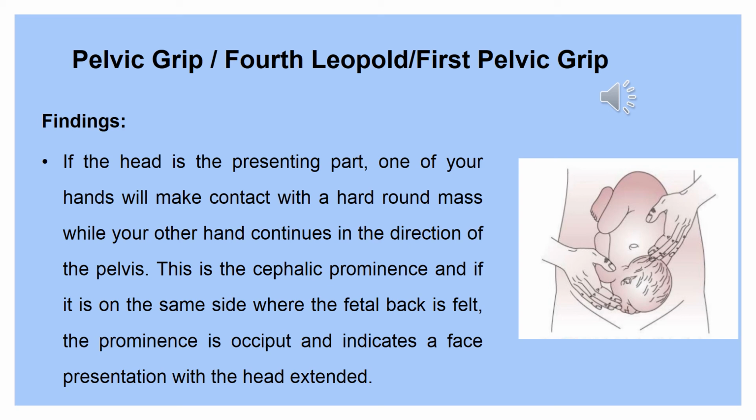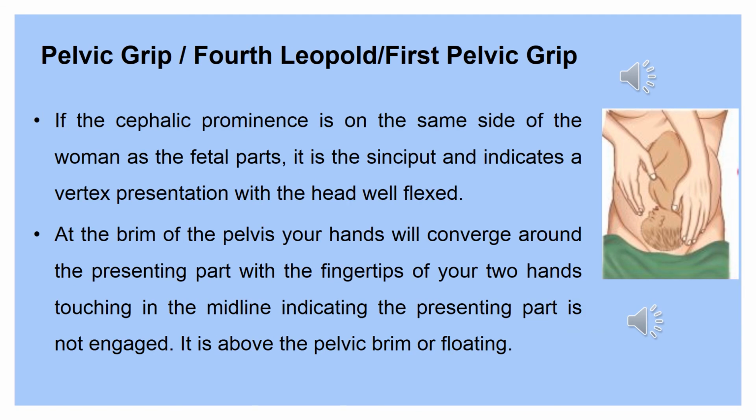If you look at the picture given, it is more clear. If the cephalic prominence is on the same side of the woman as the fetal parts, it is the sinciput and it indicates a vertex presentation with the head well flexed.